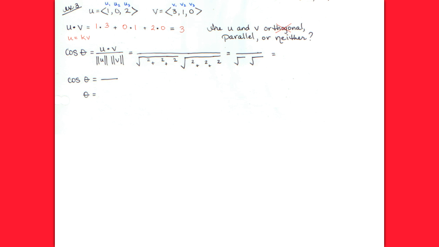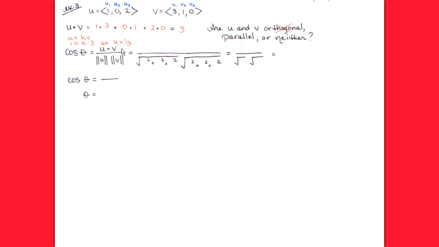If u is a multiple of v, that means that u is equal to k times v, then 1 would have to be equal to some constant times 3. You can use logic to figure that out and say, okay, well, 1/3 times 3 is 1. Or you can solve that formula algebraically, divide both sides by 3, and you'll get k is equal to 1/3.